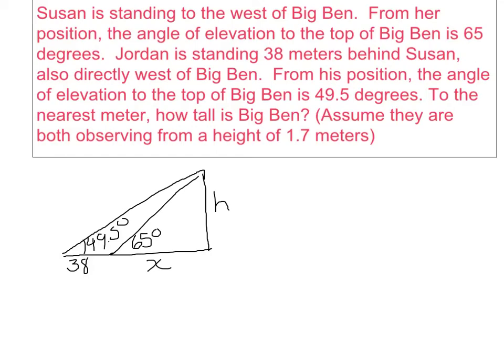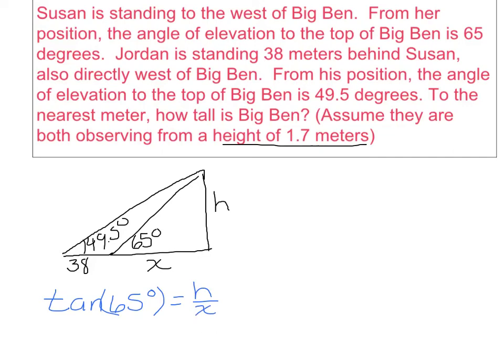So, okay, we want to know how tall Big Ben is, and in the end, it says assume they're observing from a height of 1.7 meters, so we will add that to our final total of the height that we calculate. Alright, so we're going to set up our two equations. The first one being that the tangent of 65 degrees is equal to the height over x.